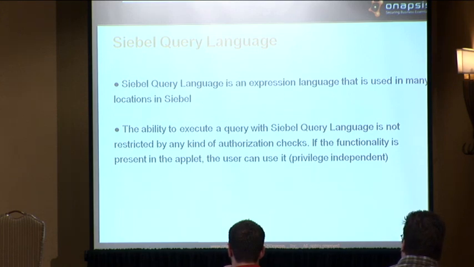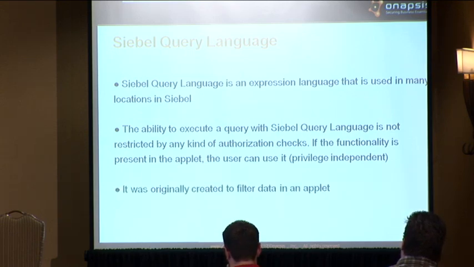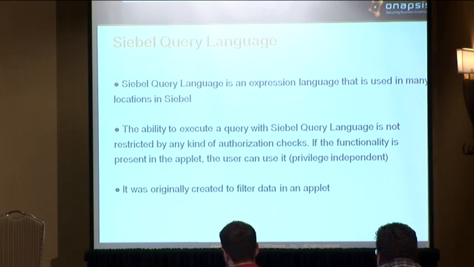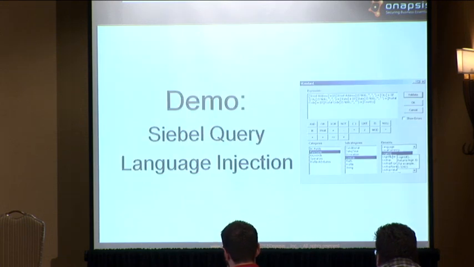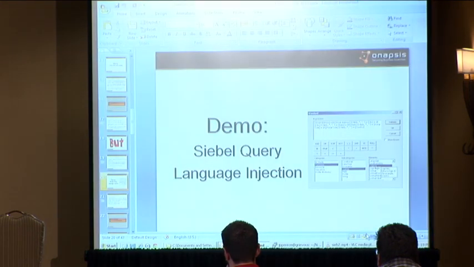Who can use this query language? Anyone. You only need to access the functionality. If you can access the functionality, it doesn't matter if you are authorized or not. If you have the button and you can click it, you can use Siebel query language. As I said before, it was originally created to filter data, for example, in the applets. Let's see what else we can do with Siebel query language.